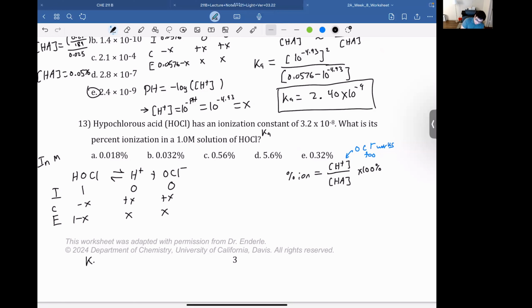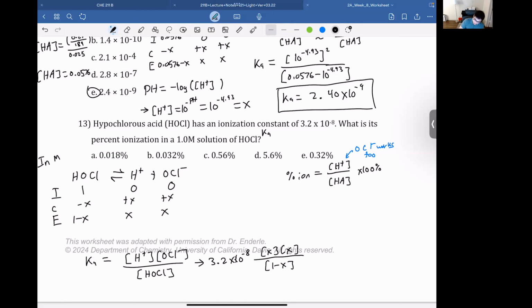We have Ka is equal to H plus OCl minus over HOCl. Then we can go ahead and plug everything in. 3.2 times 10 to the negative 8th over x times x for 1 minus x.